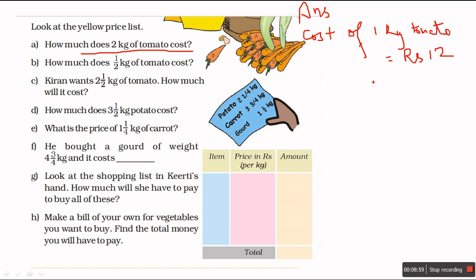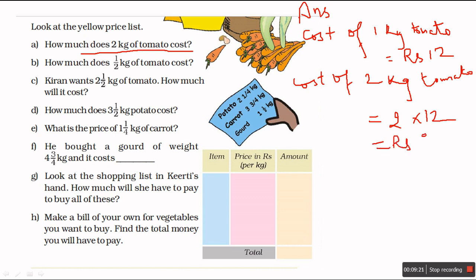And how will the price increase? By multiplying. So the cost of 2 kg tomato is equal to 2 multiplied by 12, that is rupees 24. In this way we can calculate the price of any quantity. This was question number A. Let us do question number B.